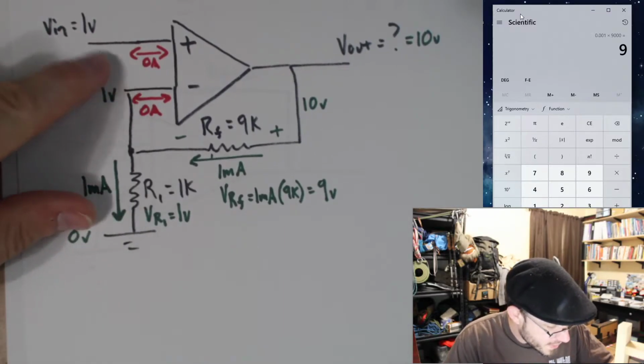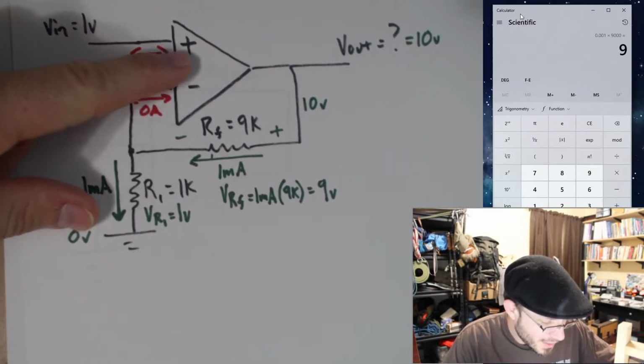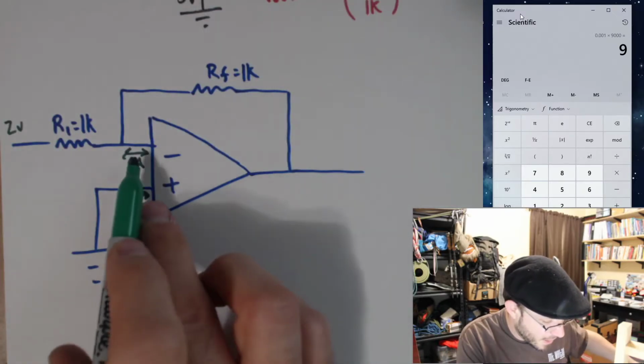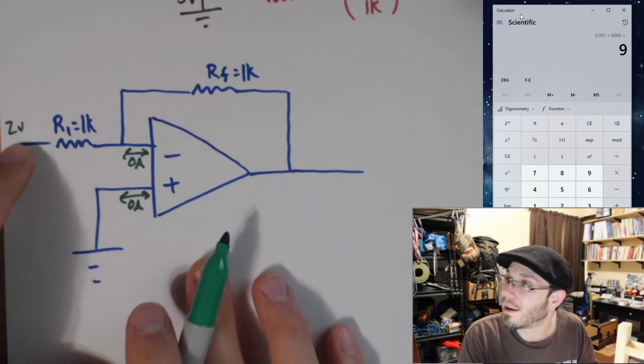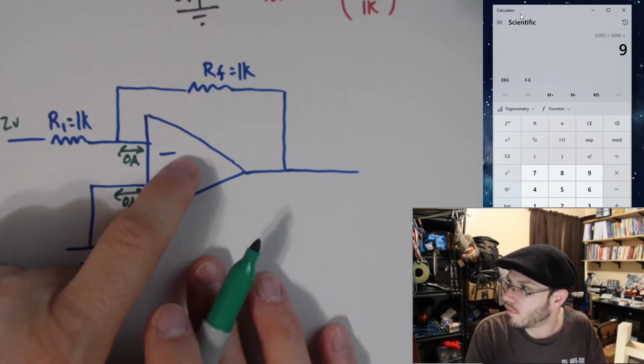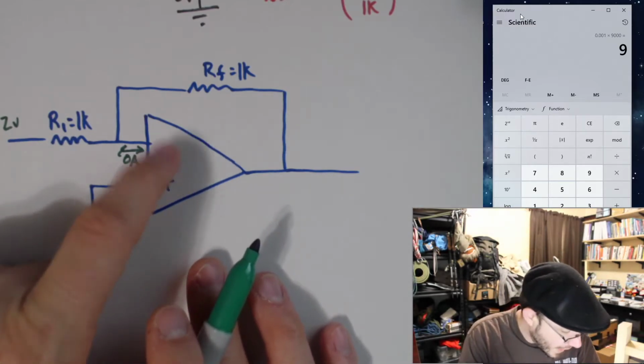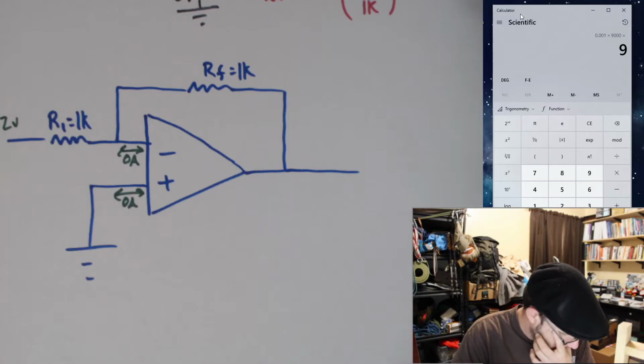The difference was that we were applying our voltage to the non-inverting input. That is not happening here. We are applying our input voltage to the inverting side. So that's one of the major differences.